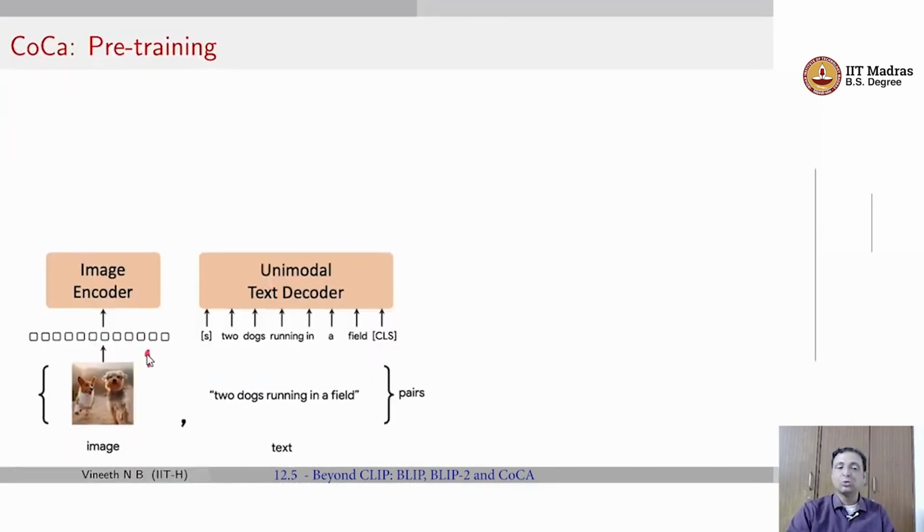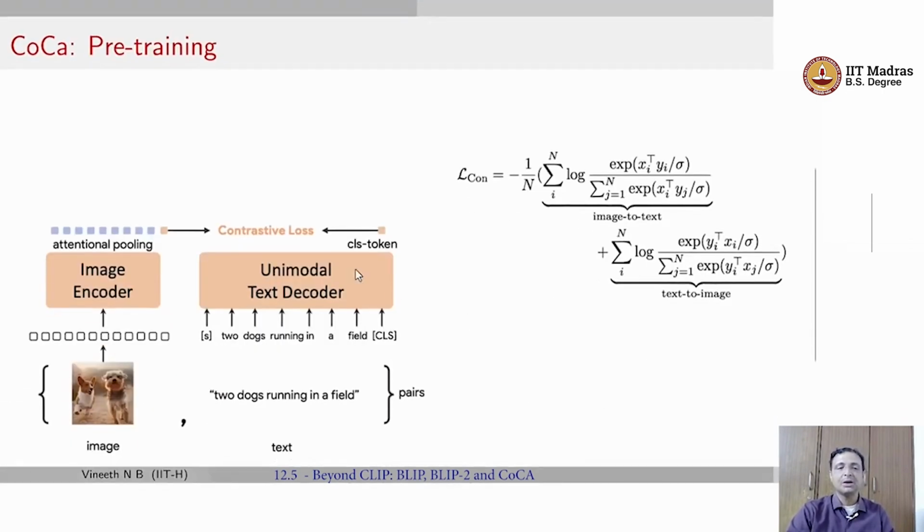Now the image goes through an image encoder, the text goes through a unimodal text decoder along with a CLS token which is used for the contrastive loss. Now the image encoder outputs a set of tokens along with a token that's used for the contrastive loss, along with the CLS token that is given as output by the text decoder.